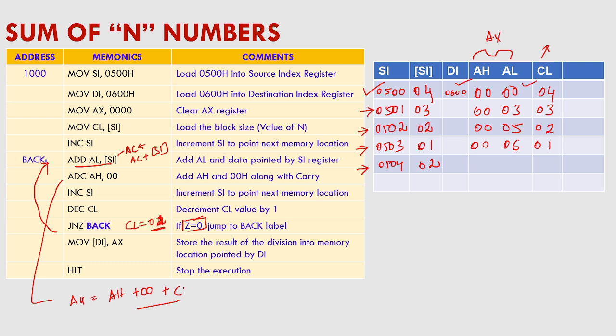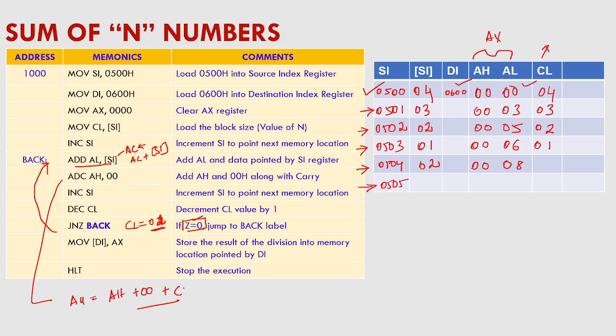ADD AL, the content of SI. What happened? This 06 will become 08, because 06 is added with 02, giving 08. Now ADC AH, 00. Again there is no carry, so you will have 00 only. Now increment the current SI, which becomes 0505.